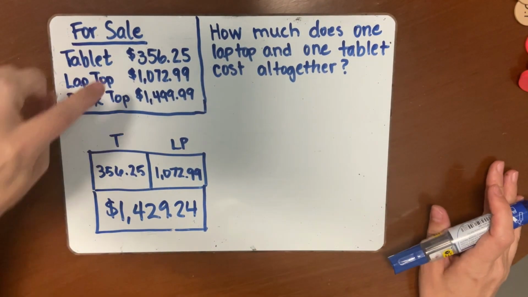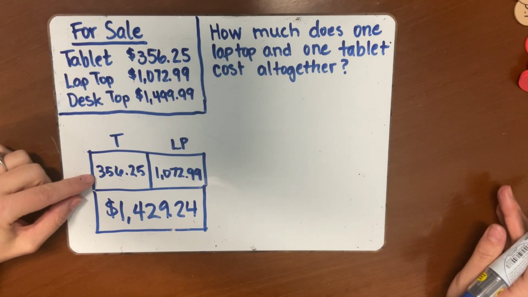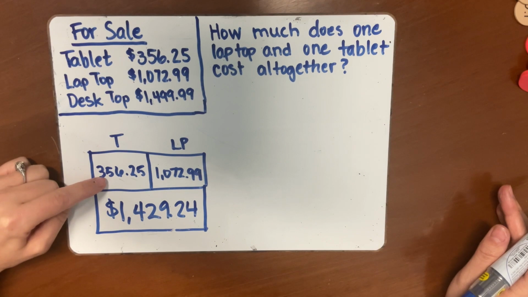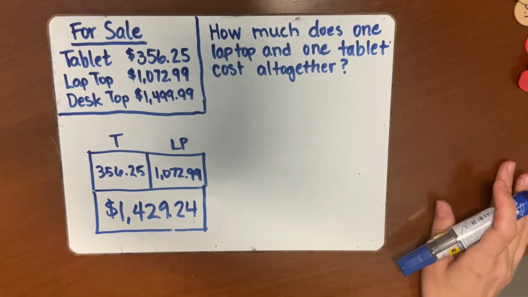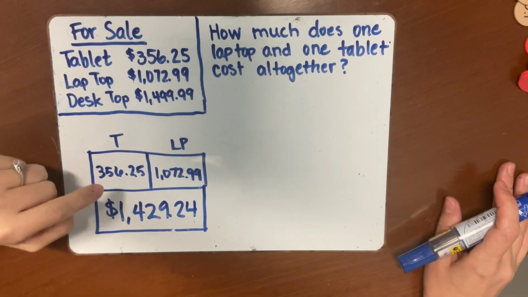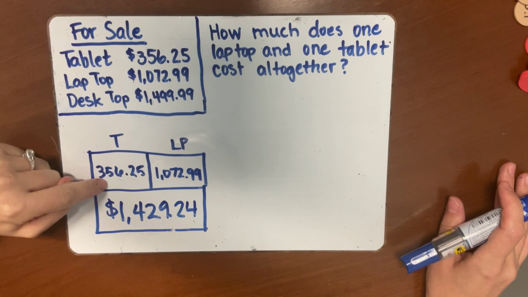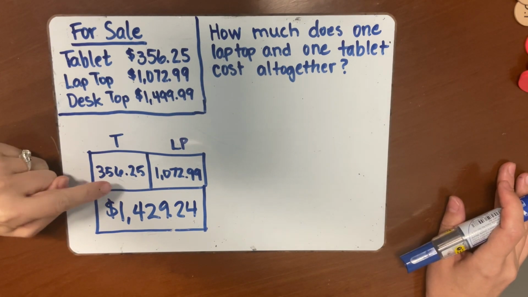I know that the tablet was $356.25. Well, if I use rounding rules, I could make that $400. But $400 is a long way from 356. I kind of think 356, if I use rounding rules, would be 360, but I think 350 is an easier amount to add.